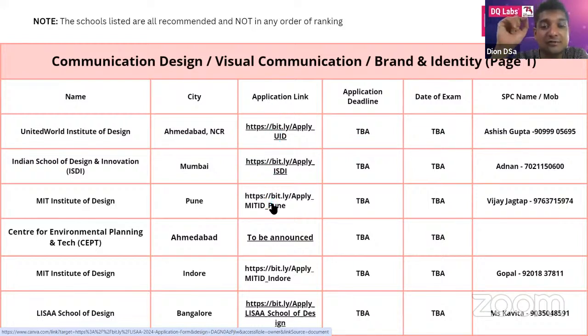You have a choice of clicking on these links or going to the website, but we prefer you use this, because then there's a track of the people who have applied from DQ Labs, and these people are assigned to DQ Labs. So if you have any issue, there's the right channel that we can talk to and get things sorted out.